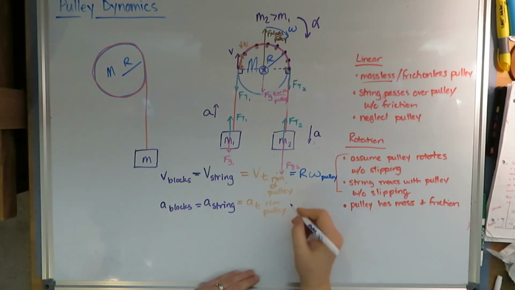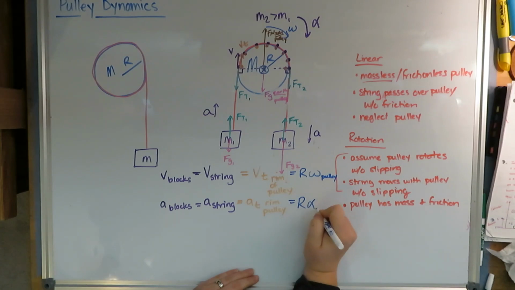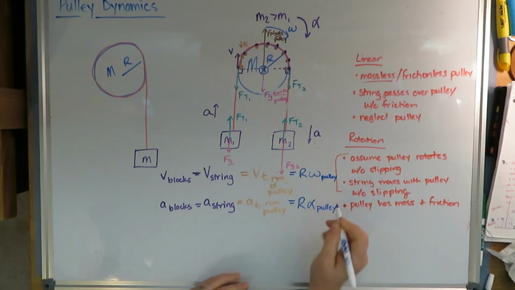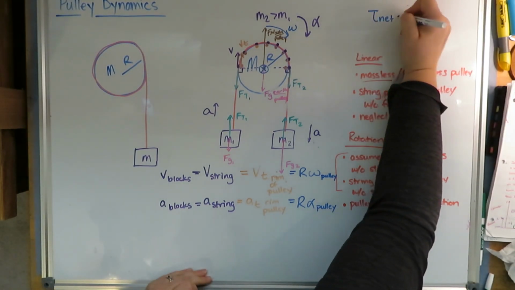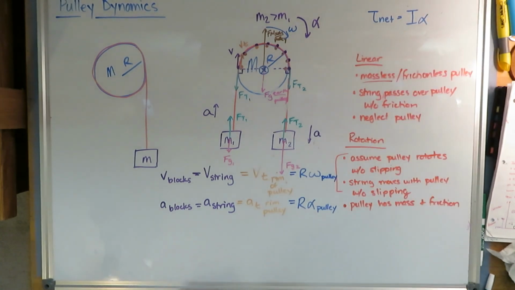And we know that a_T is equal to R times alpha for the pulley. Well, we learned from Newton's second law of rotation that our net torque is equal to I times alpha.